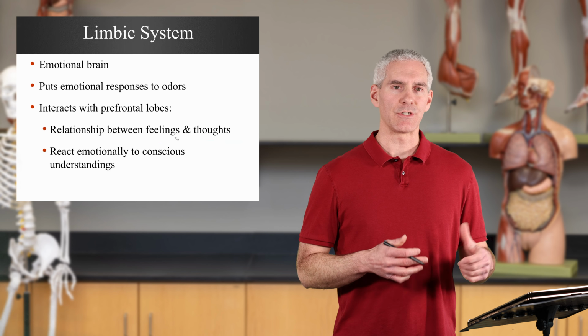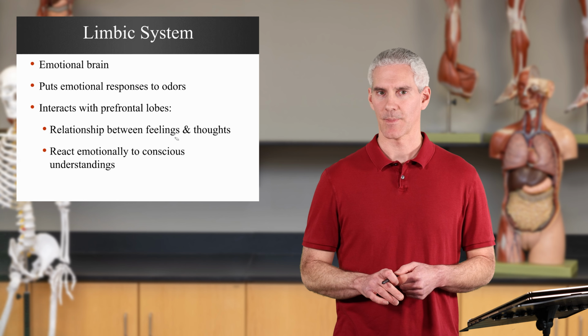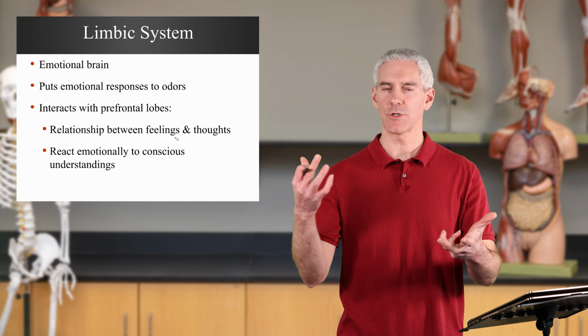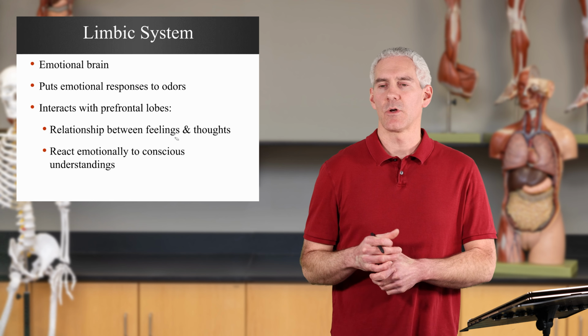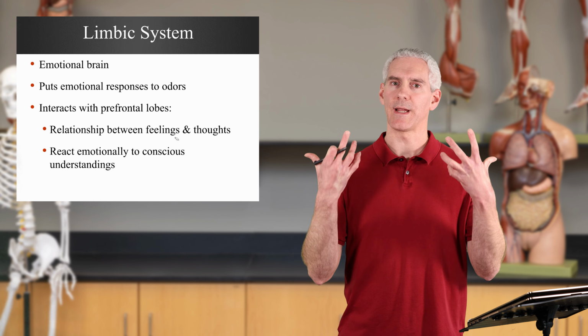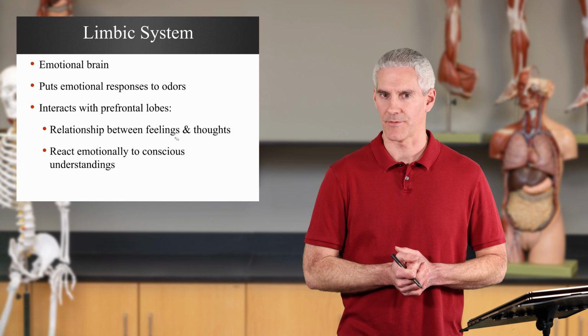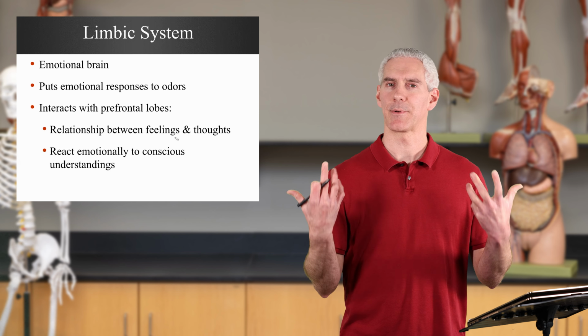And it allows you to emotionally react to conscious understandings. What that means is you realize something's occurring and your emotions then can kick in based on what you're realizing is occurring. So it's putting emotions to what your brain is thinking about. It's giving kind of that almost human touch to it, if you want to call it that. It's giving emotions to the different aspects and to what's happening around you.